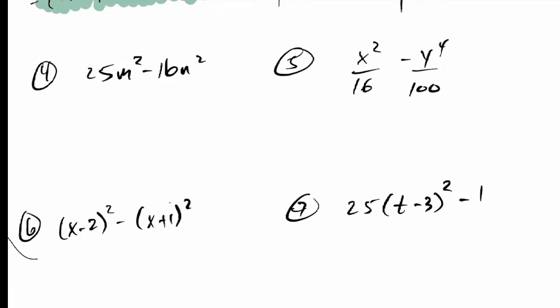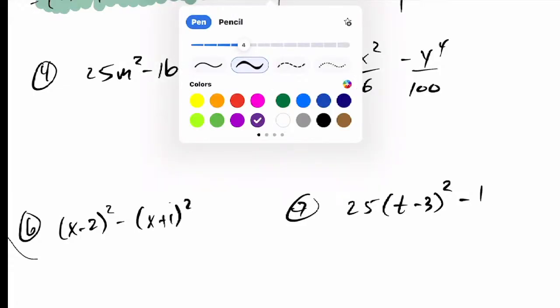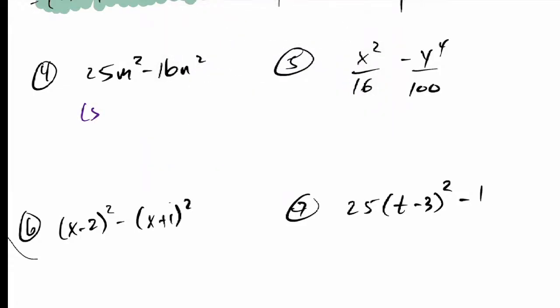For 4 here, again, difference of squares. Good, Gurman. For 4, again, I'm writing this as 5m quantity squared minus 4n quantity squared. And now I do difference of squares.